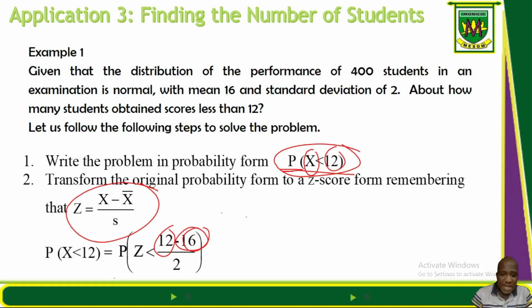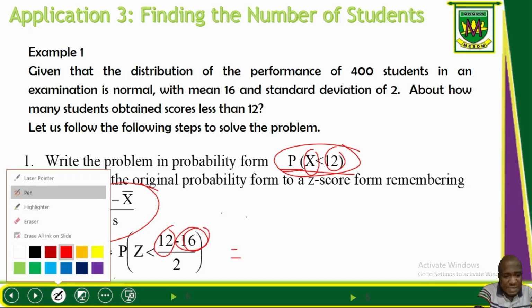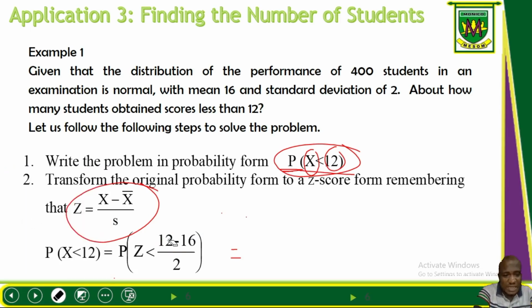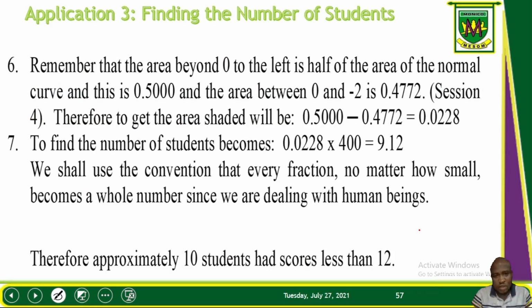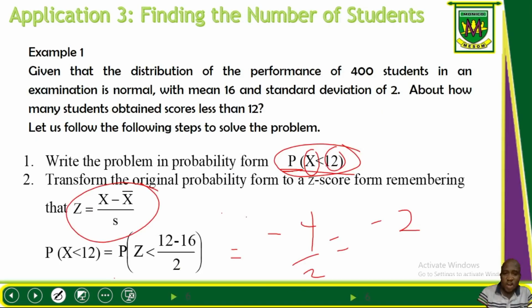So after getting this, you reduce the term further. What will be our answer? 12 minus 16 will give us negative 4. So we have negative 4 over 2, which will give us negative 2. And the next thing is you draw the curve.